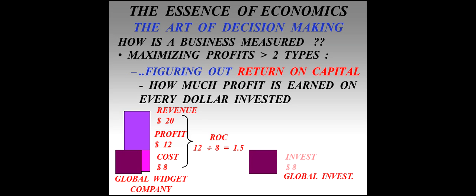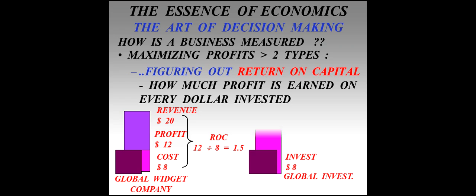Now, let's say you took that $8 and you have other alternatives. Instead of starting the Global Widget Company, you could have put that in a bank or some other type of investment. Let's just for illustration purposes call it global investment. And instead of starting the Global Widget Company, we put the $8 into this investment.